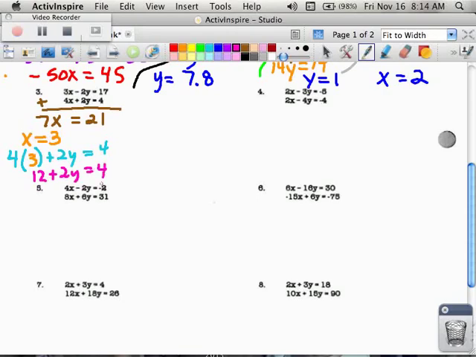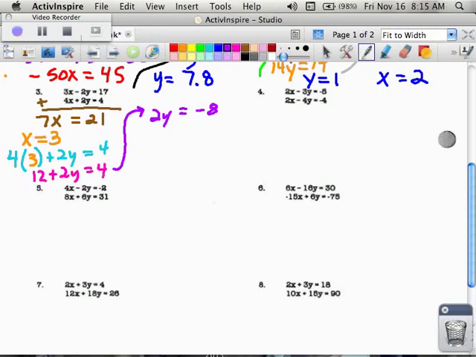Darn it, the y is not alone. I have to get rid of the 12, so I subtract 12 from both sides. If I subtract 12 from both sides, I will end up with 2y equals negative 8, because 12 minus 12 is 0, and 4 minus 12 is negative 8.